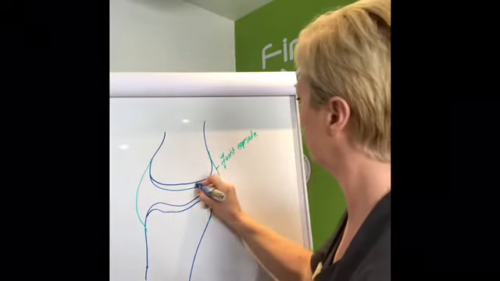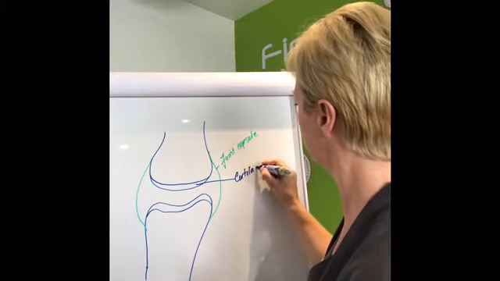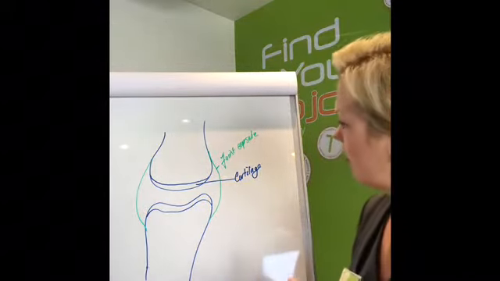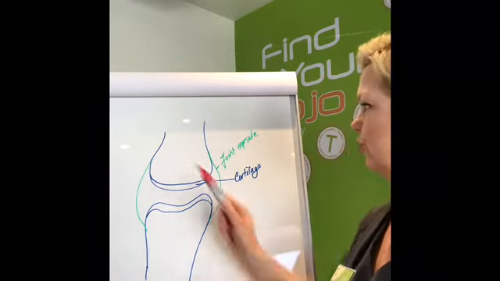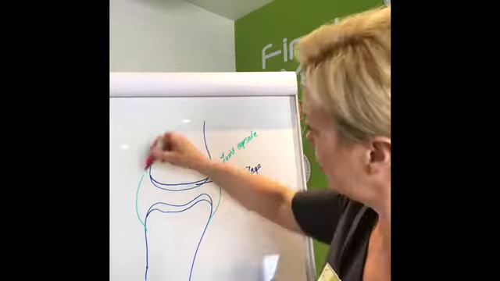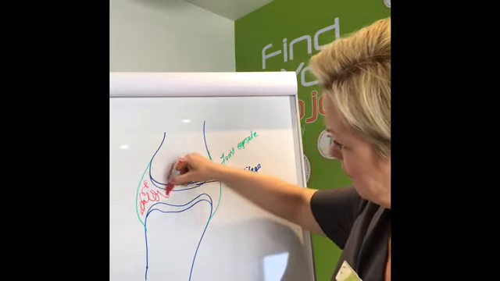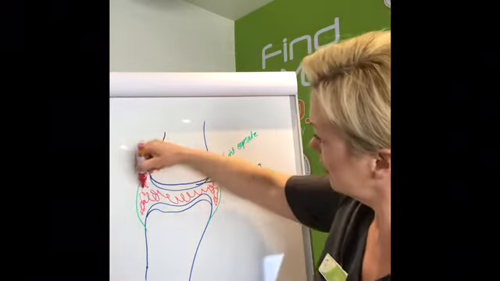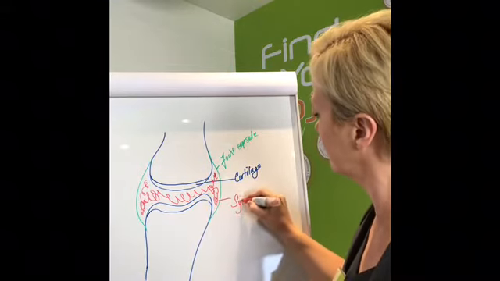There's your cartilage. All right then, so within the joint capsule, what you have is some fluid in here, okay? All that in there. So this fluid is called synovial fluid.